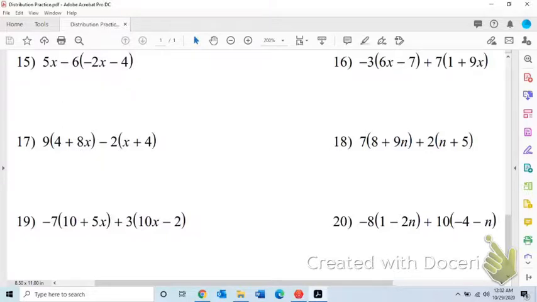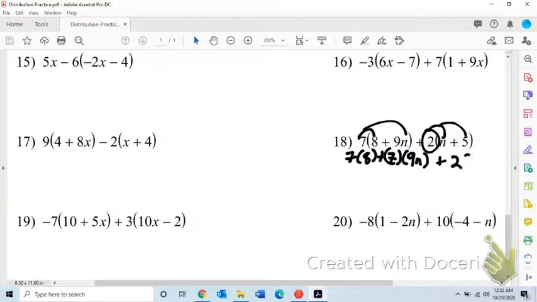Same general principle for number 18. We want to distribute the 7 and the 2. So that's going to give us 7 times 8 plus 7 times 9n plus 2 times n plus 2 times 5.